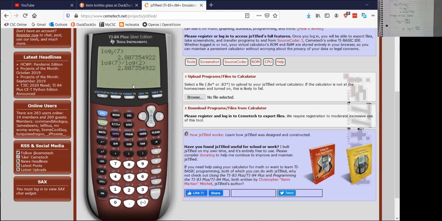And you see that they really are the same thing. 2.807354922. So you don't need a fancy later edition TI-84 calculator. If you have an 83 or a basic 84 calculator, you can still evaluate these logarithms.